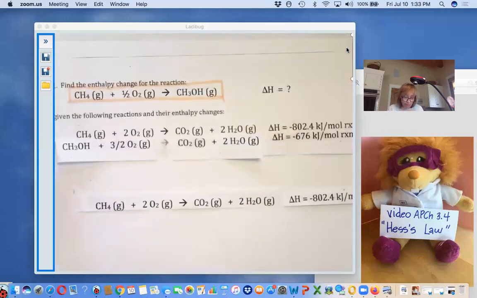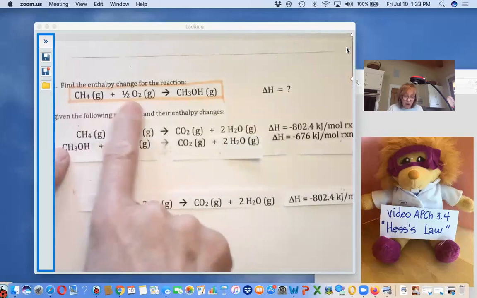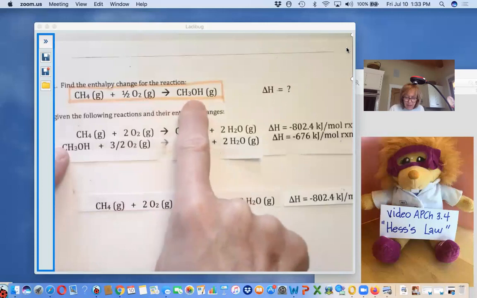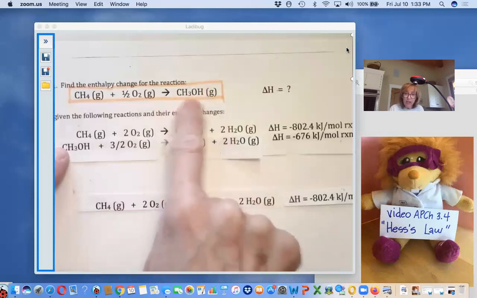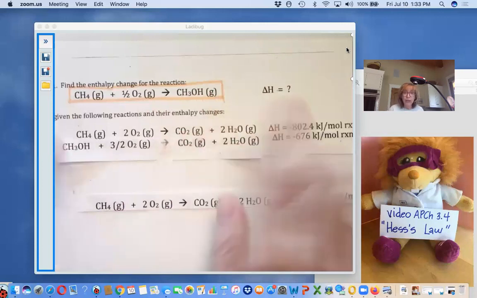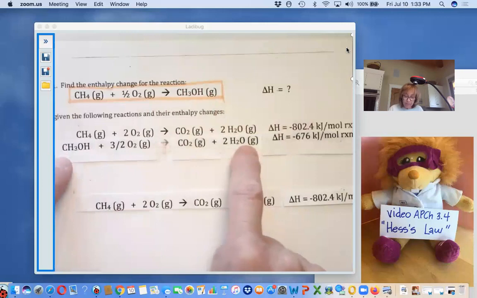Now, my other reactant is oxygen. I only need half a mole of it. Here I've got 2 moles of it. I'm going to skip over the oxygen right now. I'm going to look at the product. I want to end up with CH3OH. Well, neither of my play-around equations has methanol as a product, and I need that.